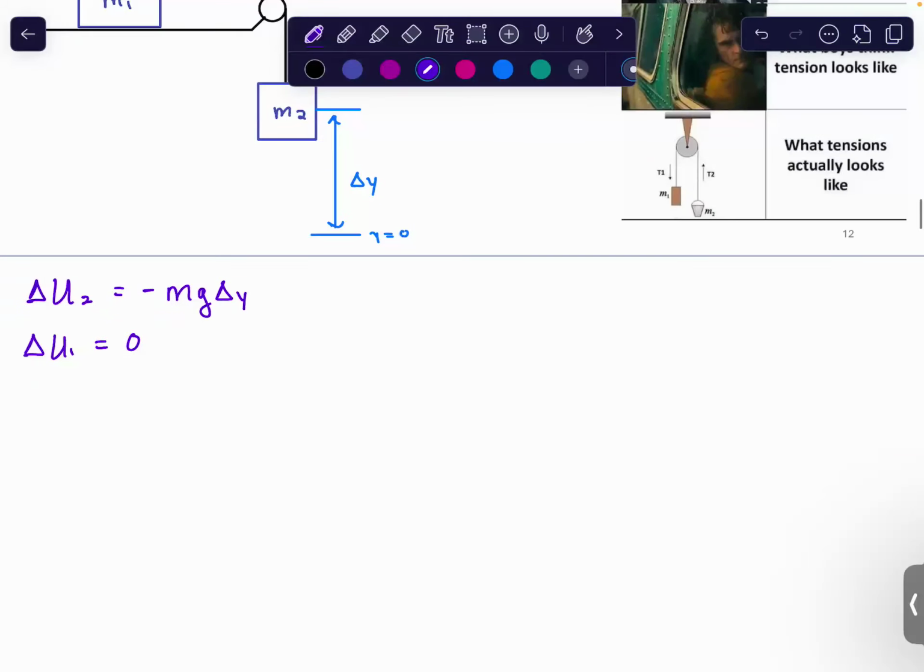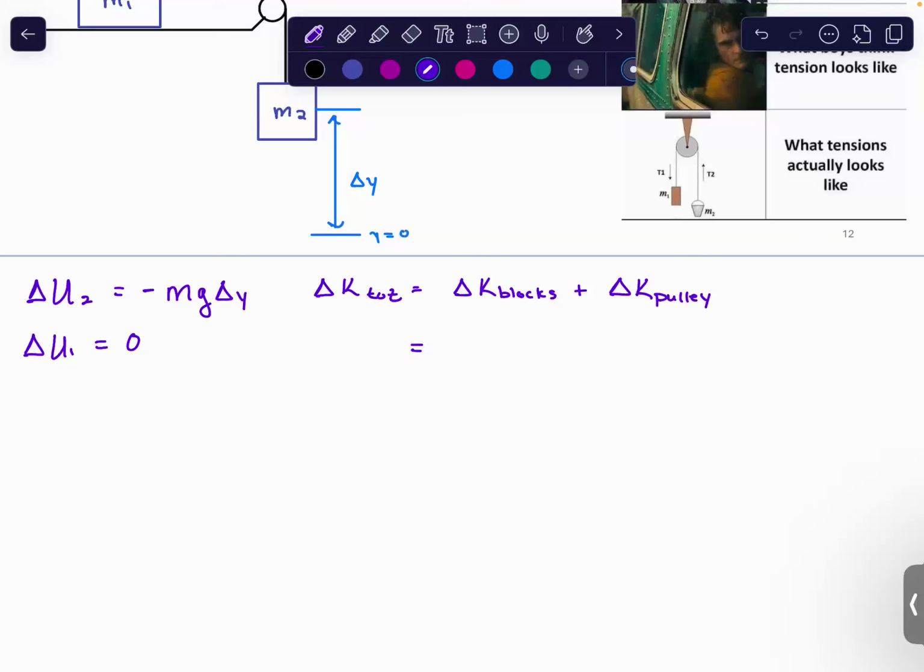All right, now, the total change in kinetic energy is going to be the change in kinetic energy of the blocks plus delta K for the pulley.